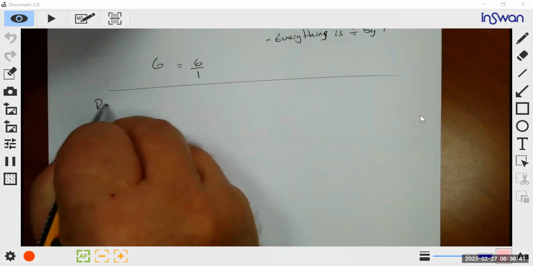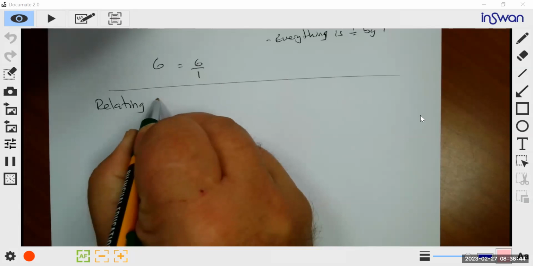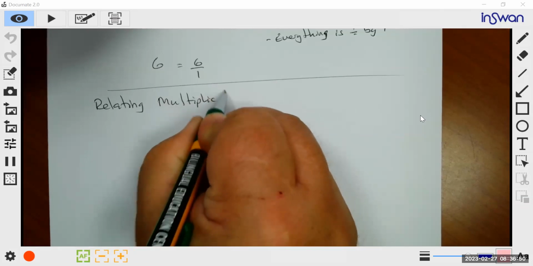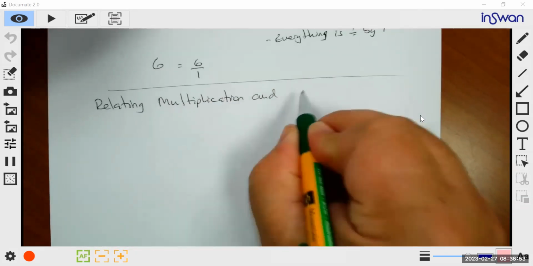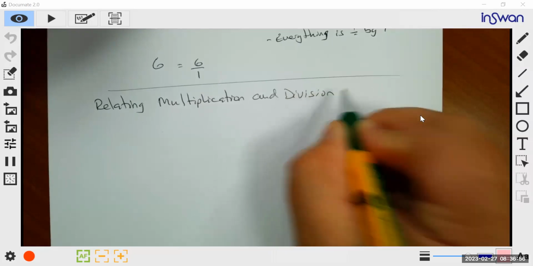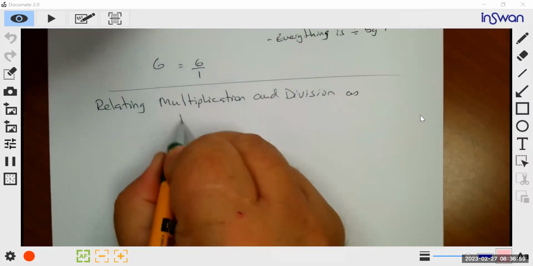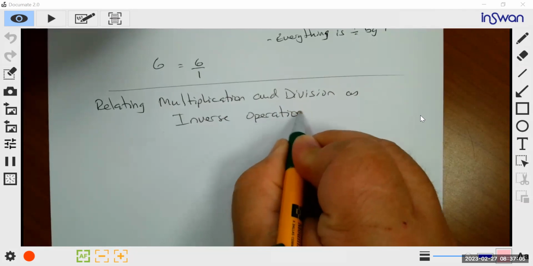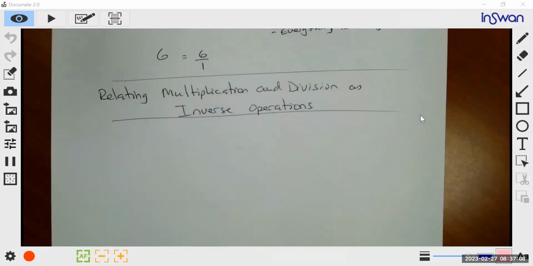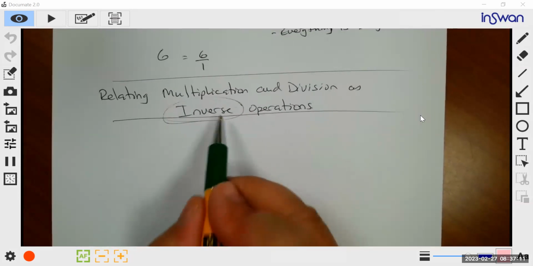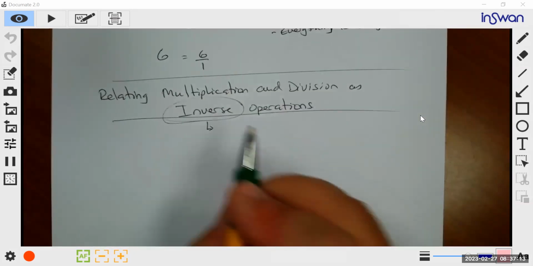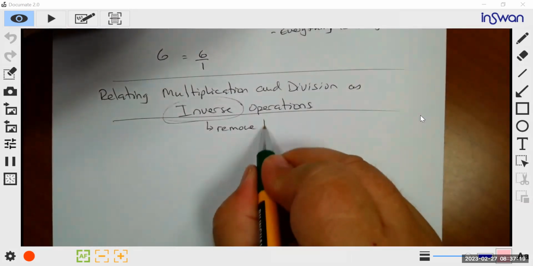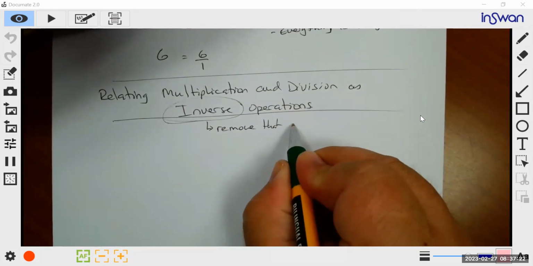All right, now relating multiplication and division as inverse operations. Inverses remove that operation, that number.